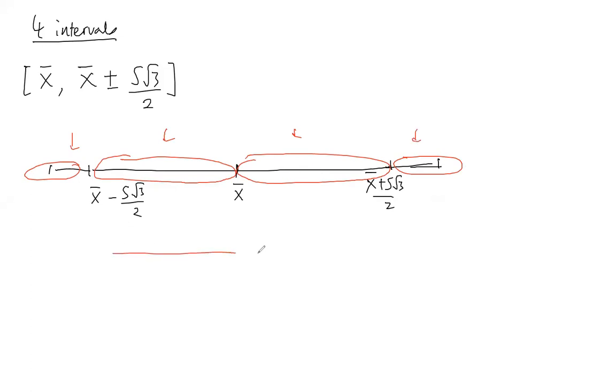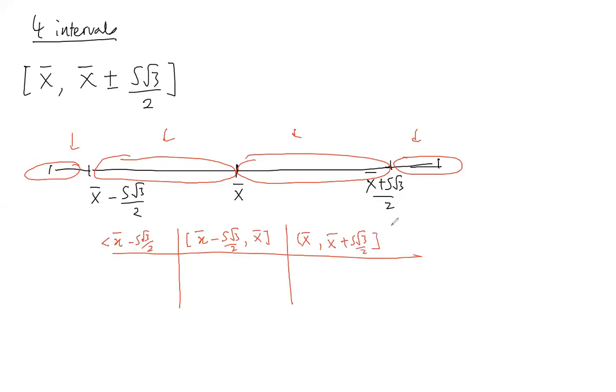If you do the table, it will be like this. This will be less than x bar minus s square root of 3 over 2. Then over here you have x bar minus this until x bar, then x bar to x bar plus this, and then more than x bar plus s square root of 3 over 2.